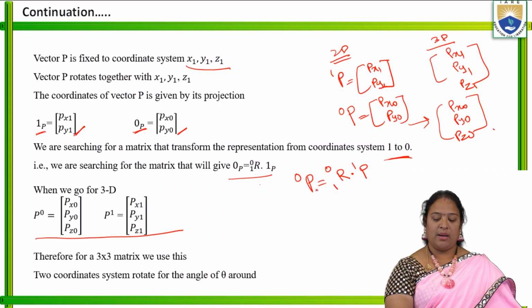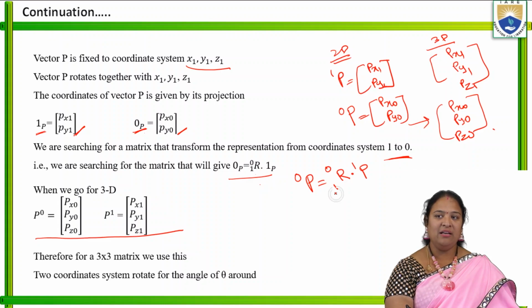That is, the vector projection of frame 0 is equal to the transformation of the coordinates from frame 1 to frame 0, right? This is the transformation from frame 1 to frame 0, and that is denoted by the letter R, multiplied by the projection on frame 1.